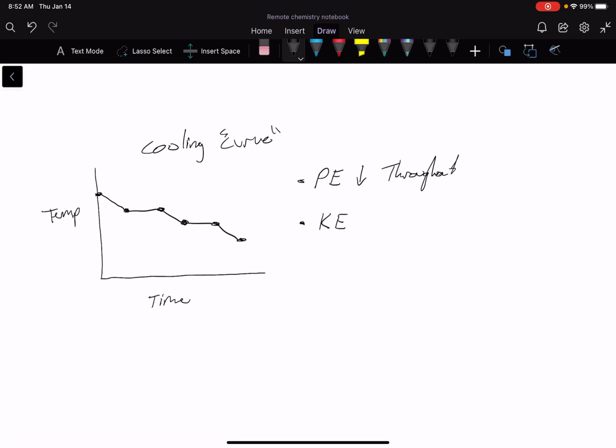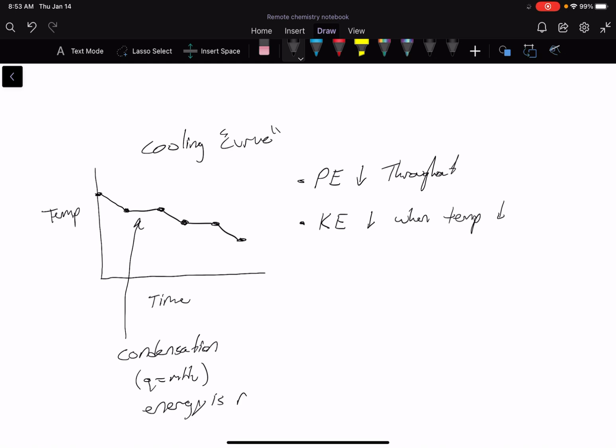Kinetic energy will decrease, and this is only when temperature decreases. Again, during phase changes, kinetic energy still will remain constant. Instead of boiling, we have condensation. That is the condensation point, but you're still going to use Q equals mHV. But now our energy is being released.